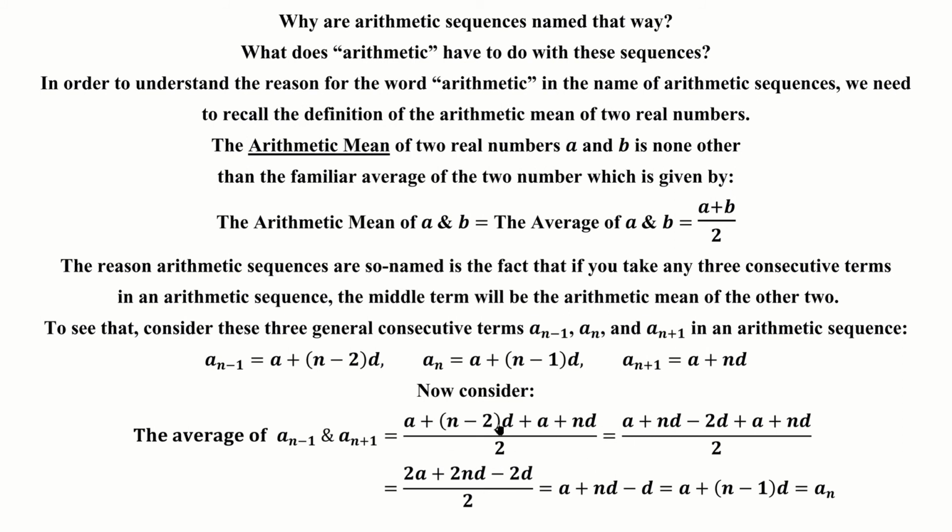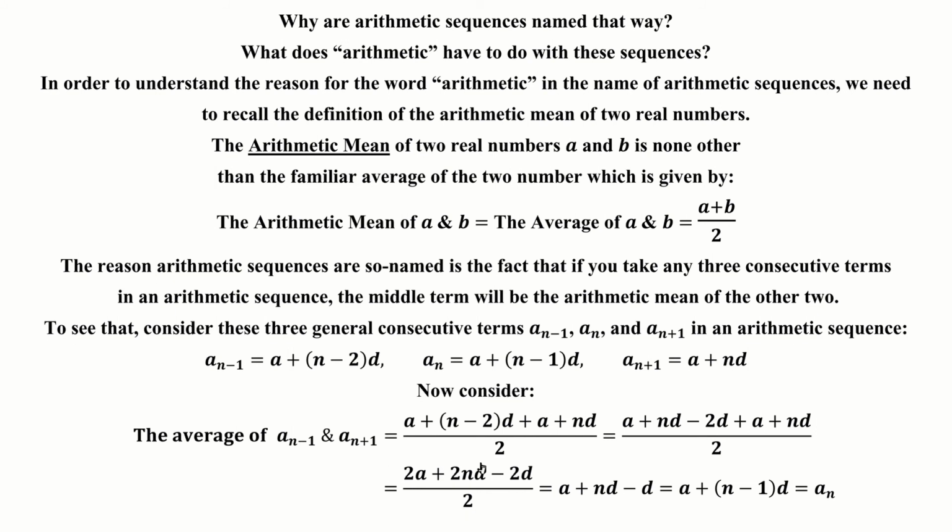So now if I just simplify this, I'm going to keep the a, I'm going to distribute the d, so I get a plus nd minus 2d plus a plus nd, over 2, right? So notice that here I'm going to end up with 2a and 2nd, so 2a plus 2nd, and we already have that minus 2d there as well, right? And then all of that divided by 2.